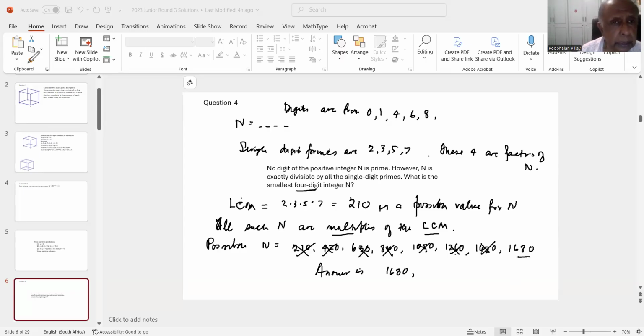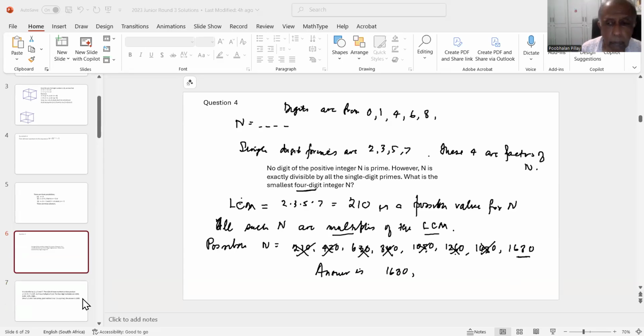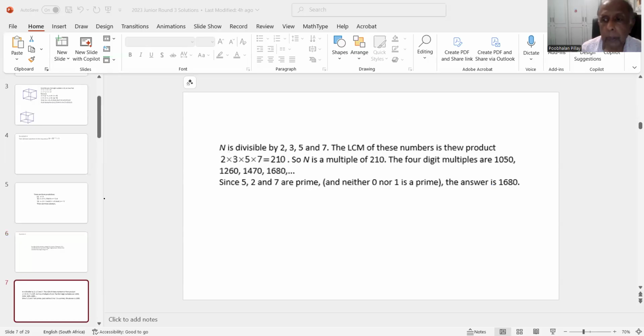Let's just check to see whether. Right, you can see the answer 1680 right at the bottom. All right, so let's go on to the next problem.